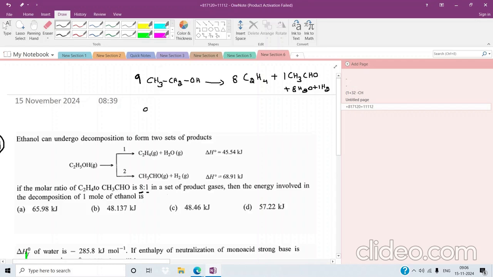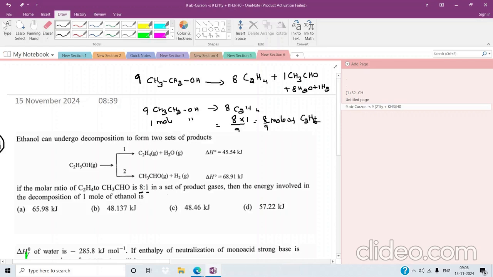If 9 moles of CH3CH2OH give only 8 moles of C2H4, then 1 mole of ethanol will give how much C2H4? 8 into 1 by 9, that is 8 by 9 mole of ethene.